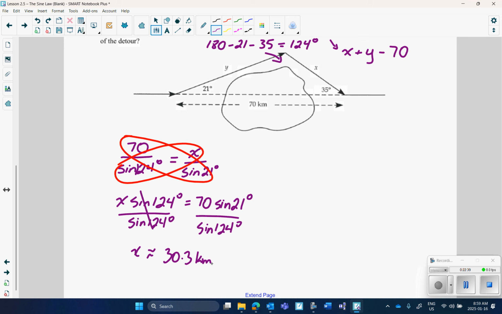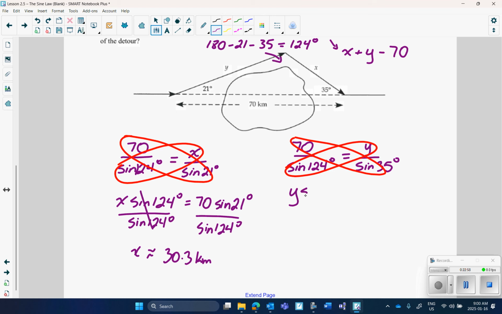And then same first fraction, 70 over sine 124 degrees. This time it's going to equal Y over the sine of its angle opposite, 35 degrees. Cross multiply, get rid of the fractions.